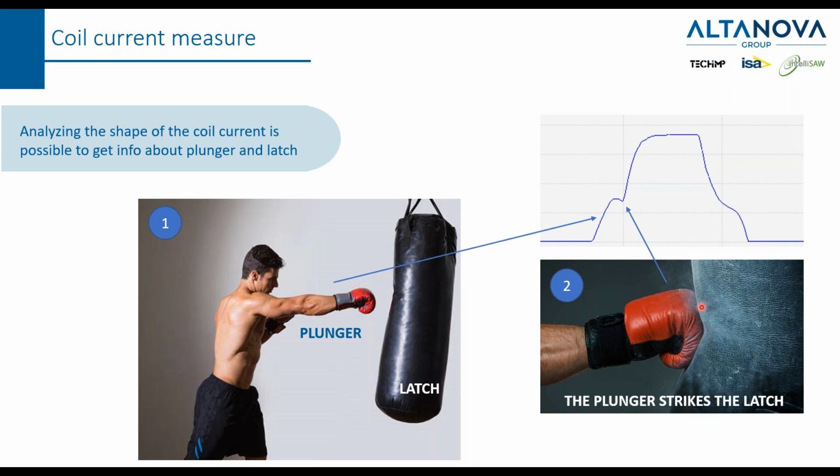There is a latch that stops the movement, and once the plunger strikes the latch, you can see this drop in the shape, in the current, in this position. So analyzing the shape of the coil, it is possible to get information about the plunger and also the latch.